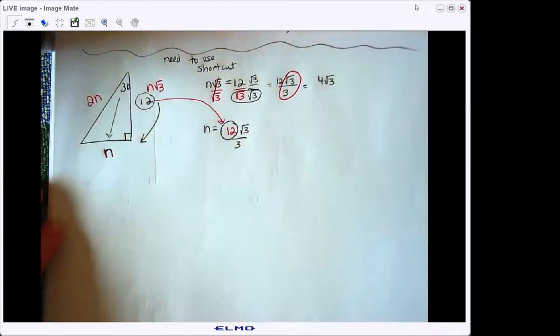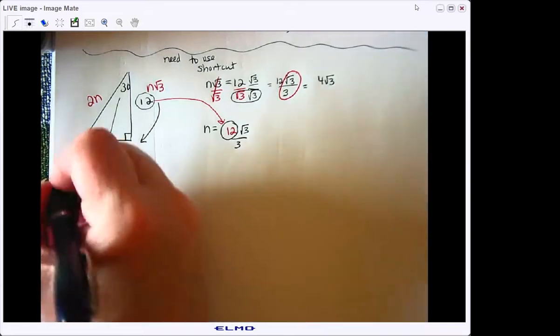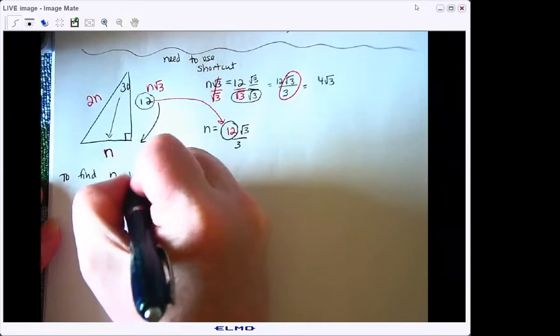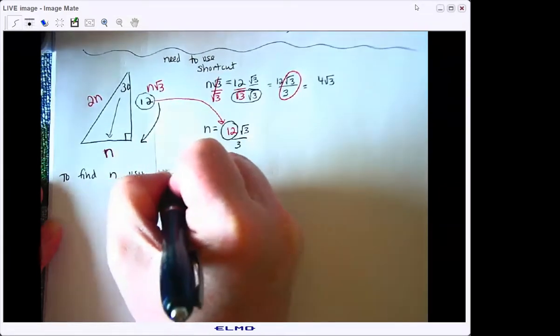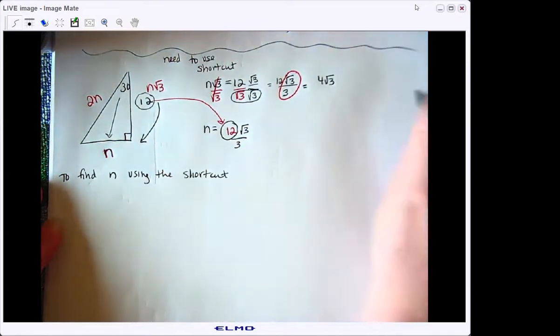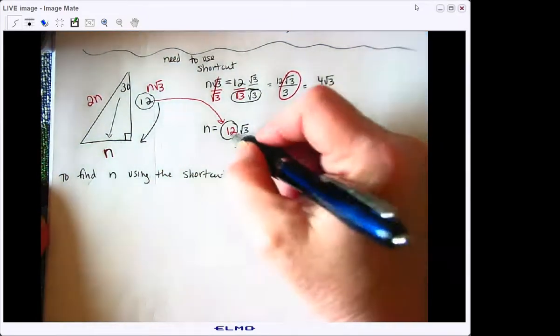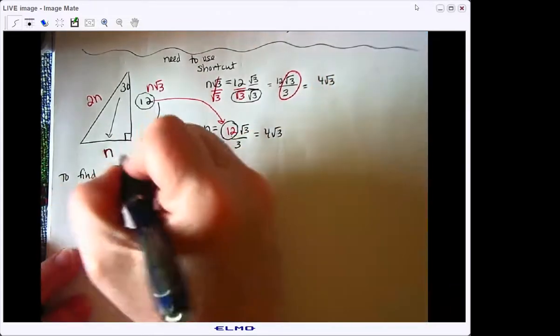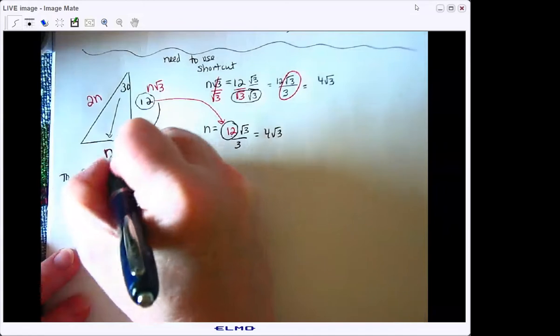So 12 goes there. This is to find n using the shortcut. And because 12 divides by 3, we would have had 4 root 3.